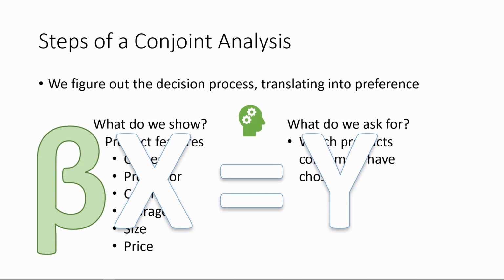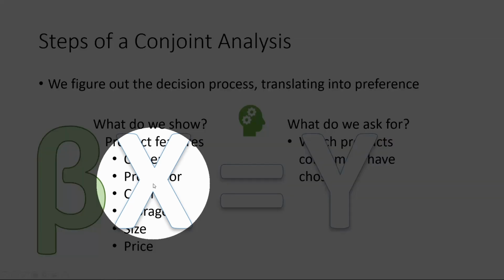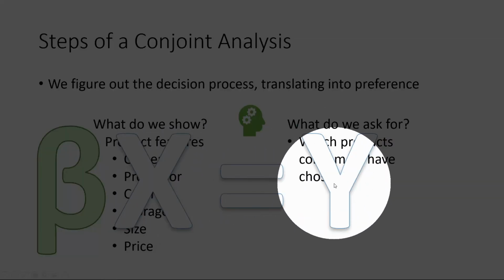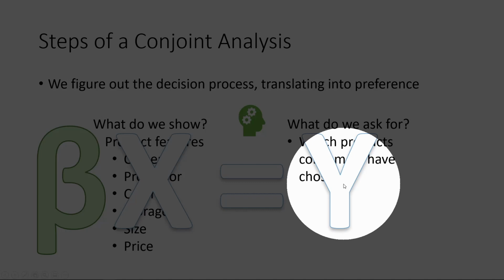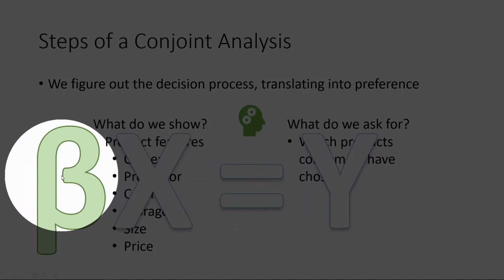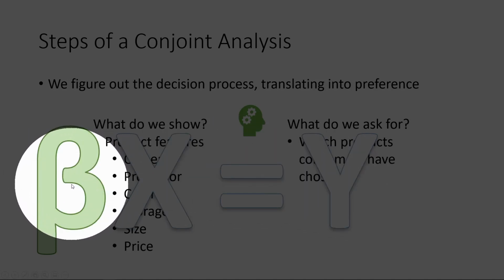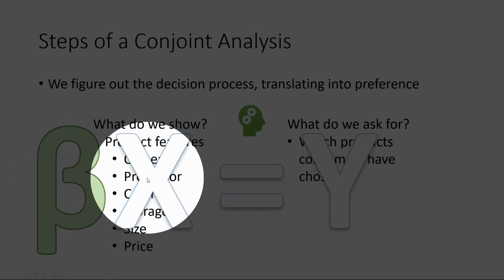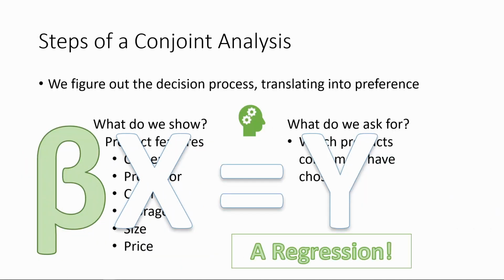So basically, the conjoint analysis is a process to specify the x's, to ask consumers to tell us the y's, and then we use a regression to figure out the betas, that is how important these features are to the consumers. So we collect the data and run a regression.